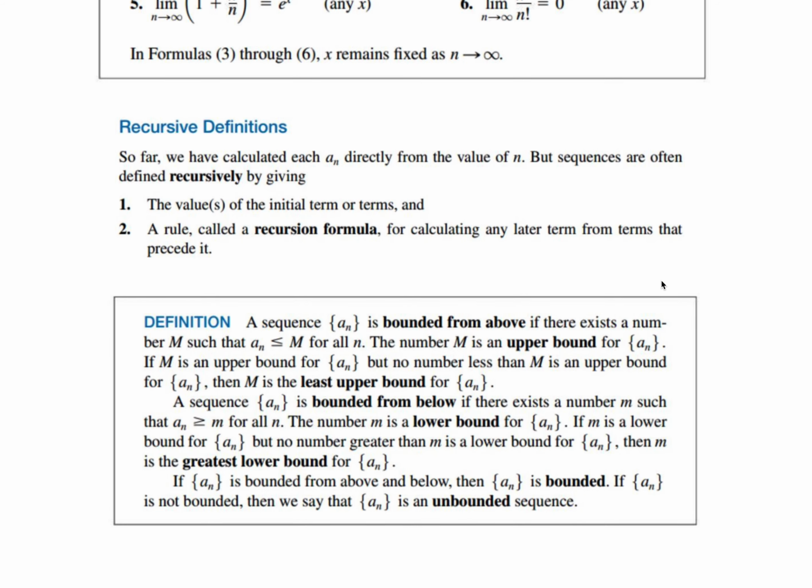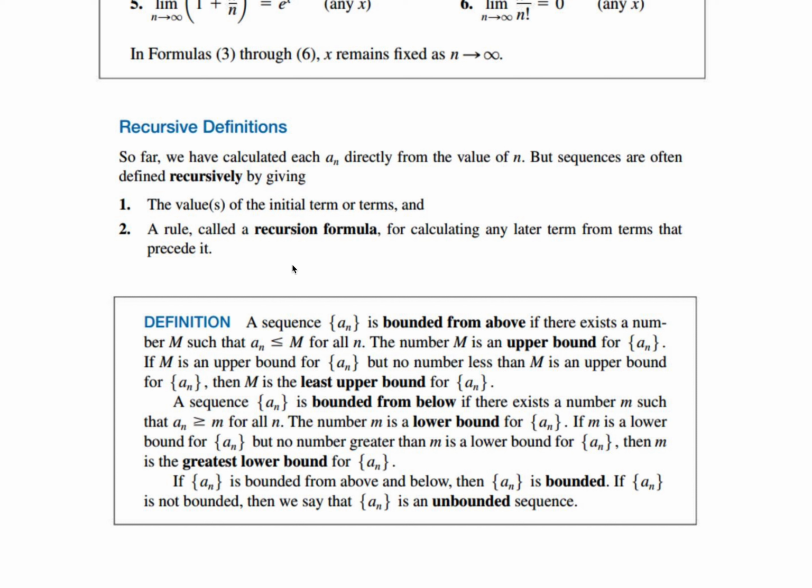Underneath that, I've got a recursive definition. We're not going to deal with sequences that are defined recursively very often in here, but a sequence that's defined recursively gives you the initial term or possibly the initial terms and then a formula to get later terms from that initial term. So for instance, it might give you something like this.